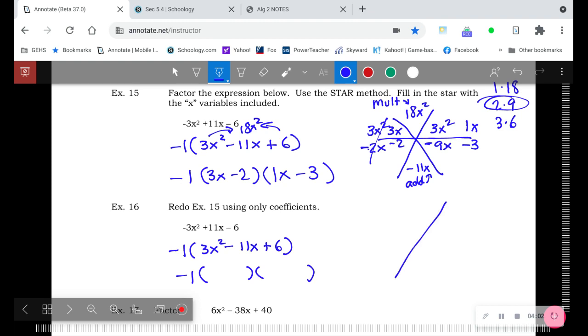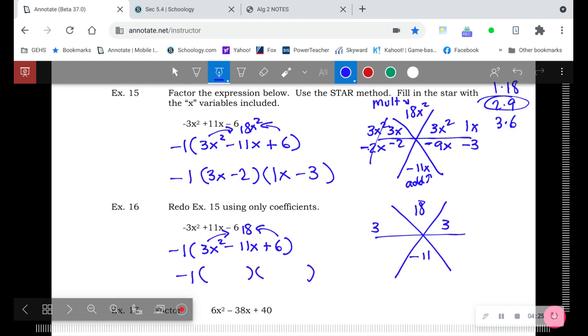And set up your star. But this time you're not putting any variables in. So you're just going to put a 3 on the wings. Multiply 3 times 6 and you get 18. And down below it, you see there's a negative 11 down there.